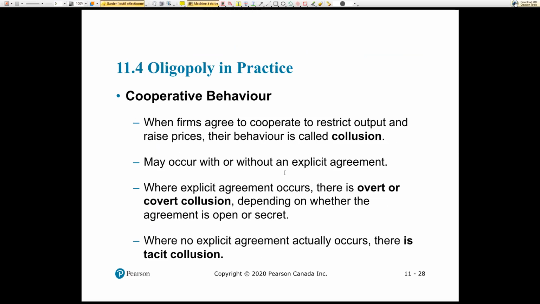As we've said, an explicit agreement is illegal. Or rather, it can be legal if you're like the OPEC countries, but within a country it's usually illegal to do that. So you would have a covert collusion, tacit collusion.